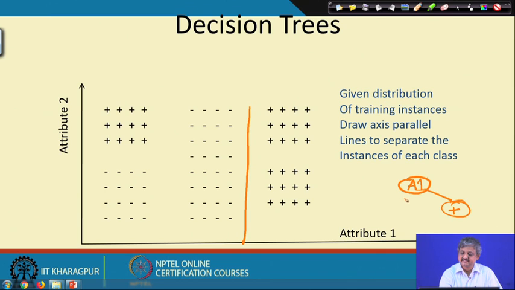Then I check the other values, calling them V1 and V2. Between V1 and V2, it is this region, minus class.